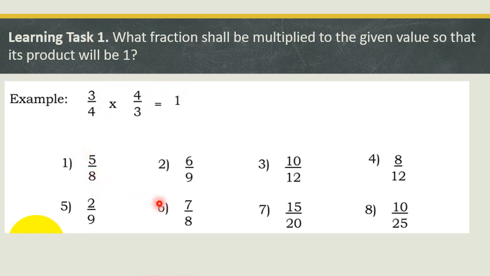Number 1. Ano po ang magiging answer natin dito? I-multiply natin sa kanya is 8/5. Pansin nyo uli, yung numerator, gagawin lang natin denominator. Yung denominator, gagawin lang natin numerator. Equal pa rin siya sa 1. Number 2, ganun lang din siya. Ito ay magiging 9/6. Ang number 3, magiging 12/10.